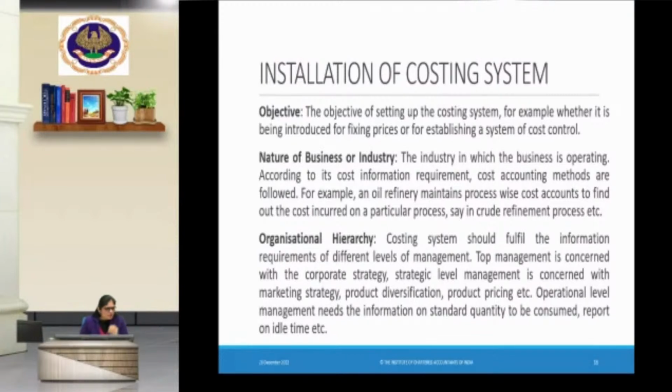Who fixes the selling price of products? Actually, the selling price of products is fixed by many factors. First of all, the cost is the base. The cost accounting provides the base, so below this the selling price cannot be fixed. And there are other factors. Selling price is fixed based on the demand and supply in the market.